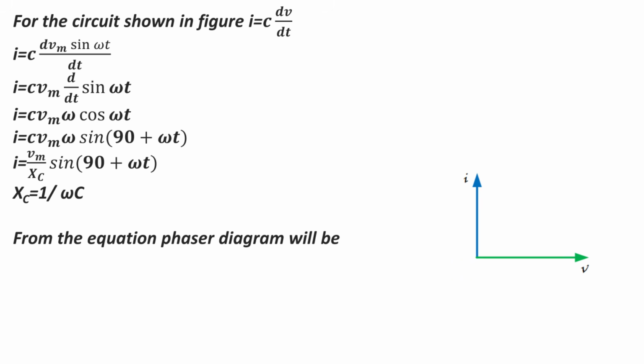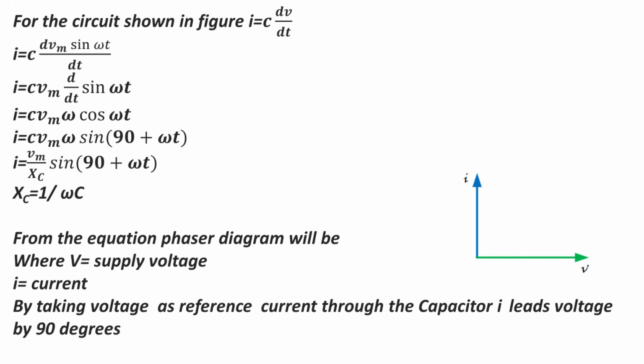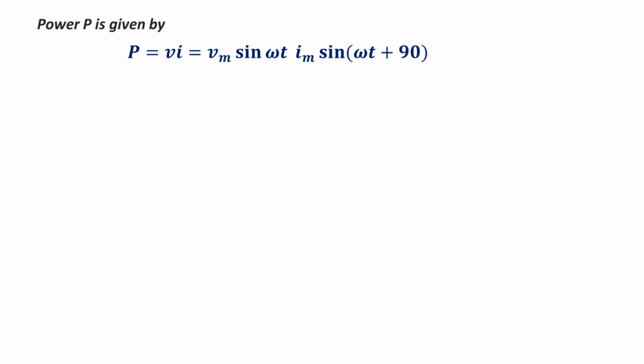That's why we represent it on the positive y-axis, where V is the supply voltage and I is the current. By taking voltage as reference, the current through the capacitor I leads the voltage by an angle of 90 degrees.